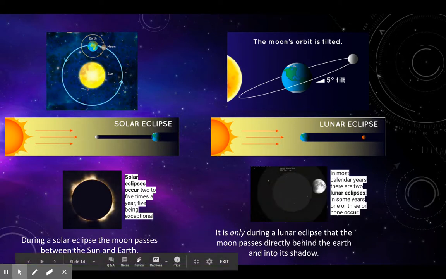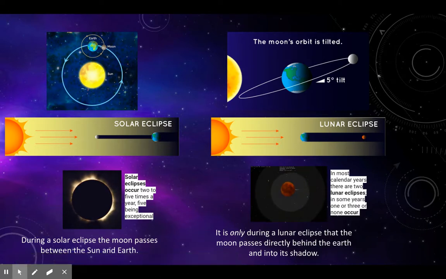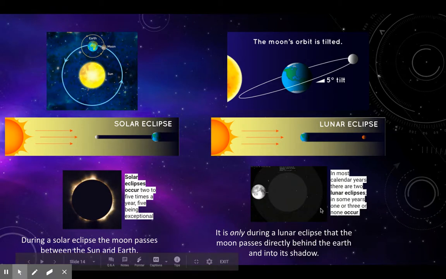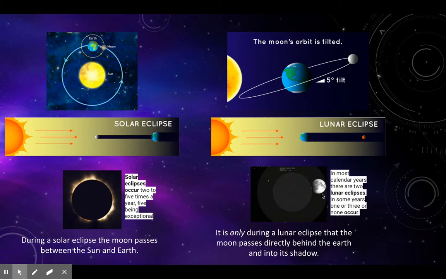It is only during a lunar eclipse that the moon passes directly behind the Earth in its shadow. So here is a picture of it. So that the moon passes directly behind the earth. So this would be the moon. It passes directly behind the earth.